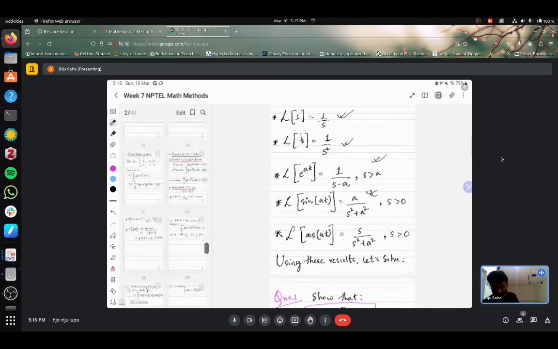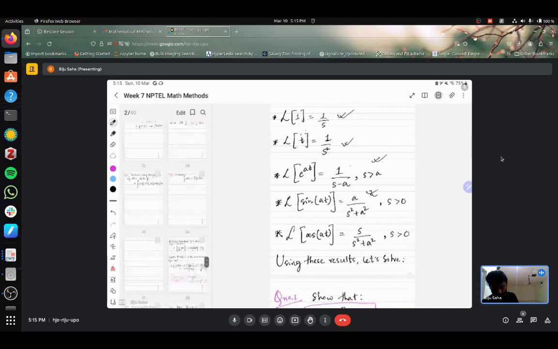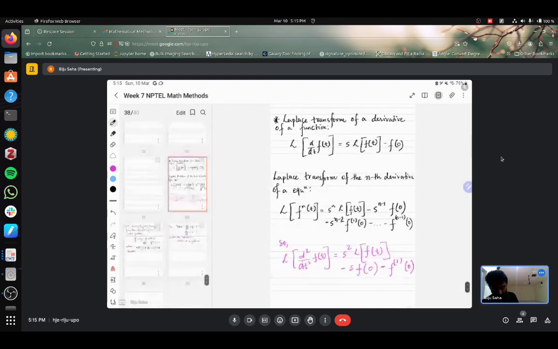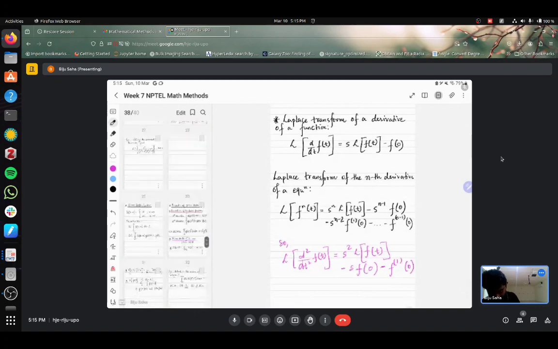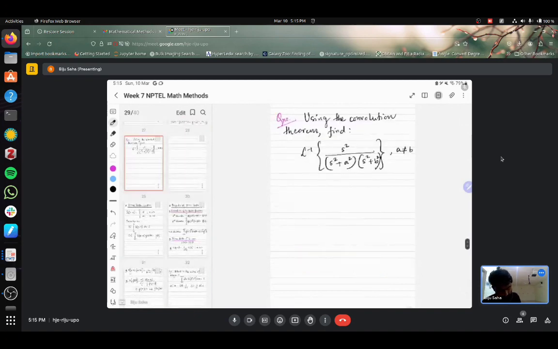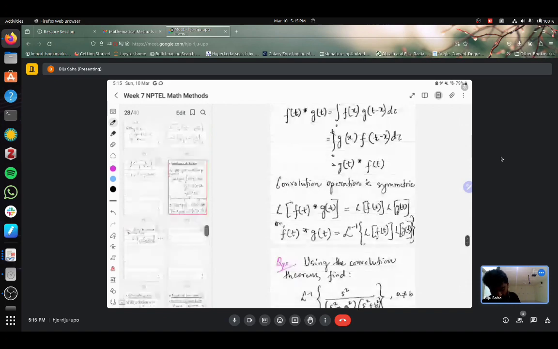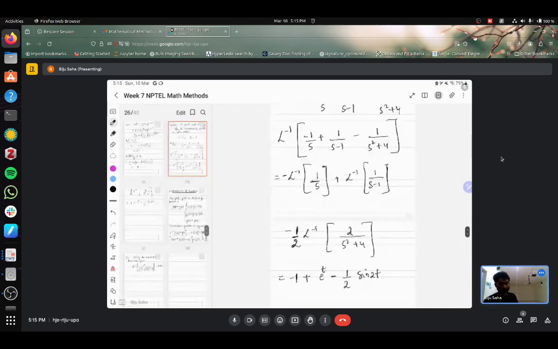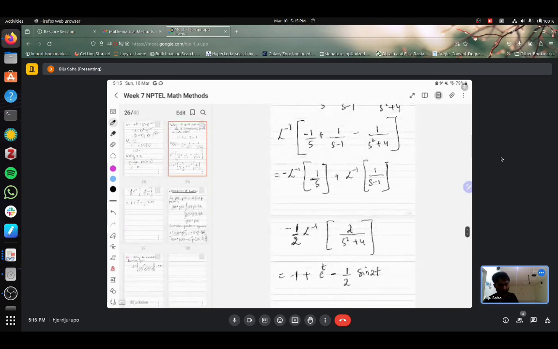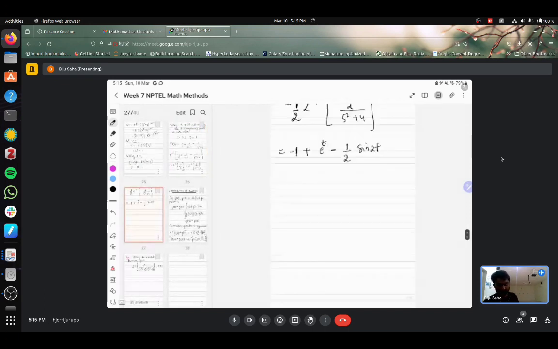Unless you know, it will be very difficult. So these were the three forms. This is the inverse Laplace transform of this function. So the inverse Laplace transform of this F(s) gave this.